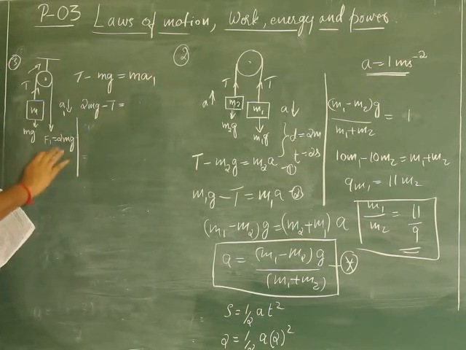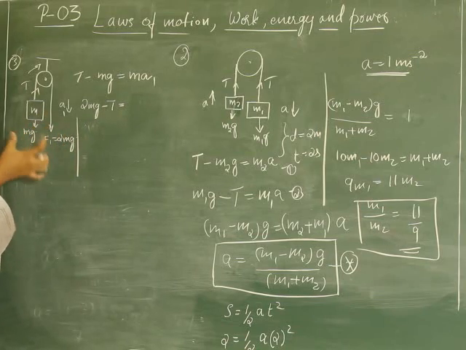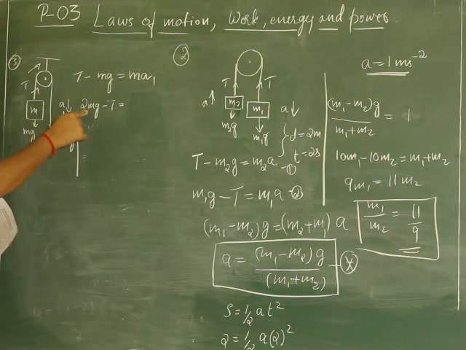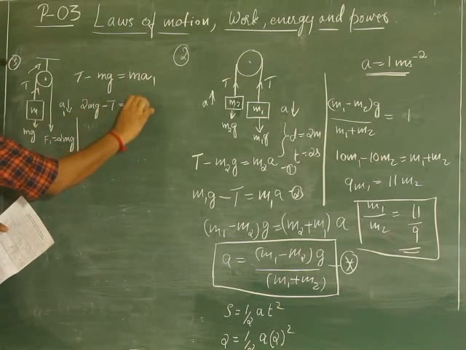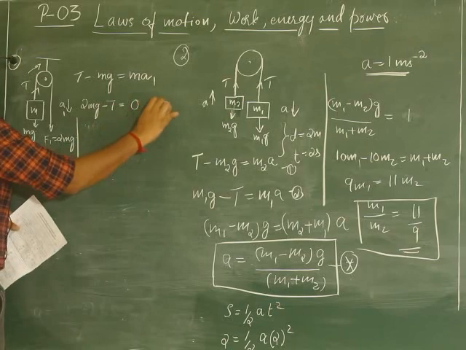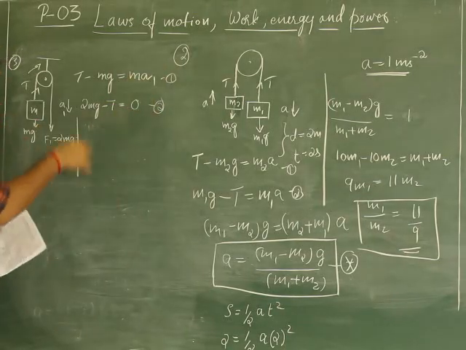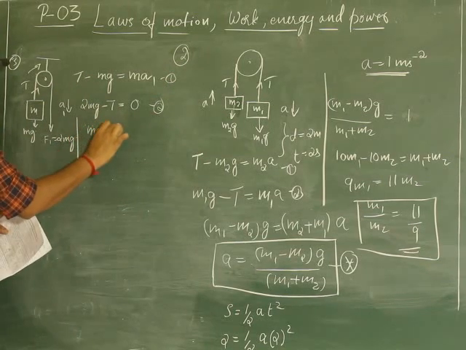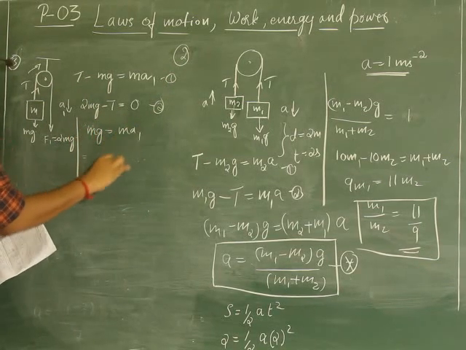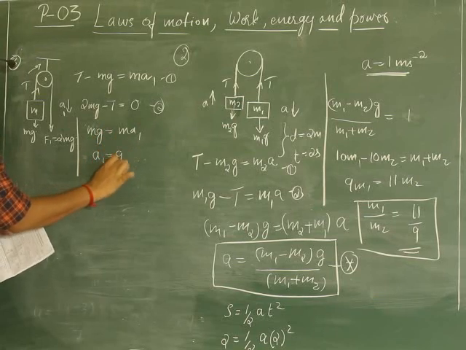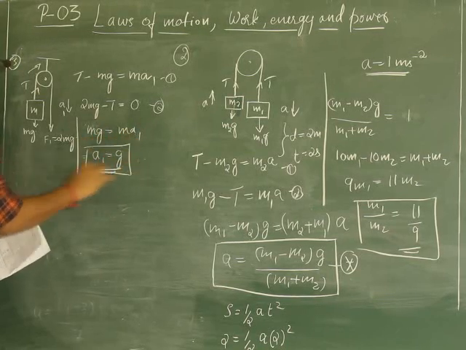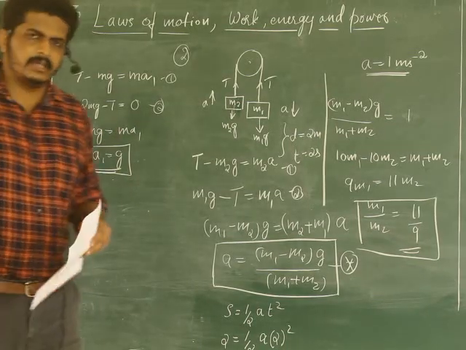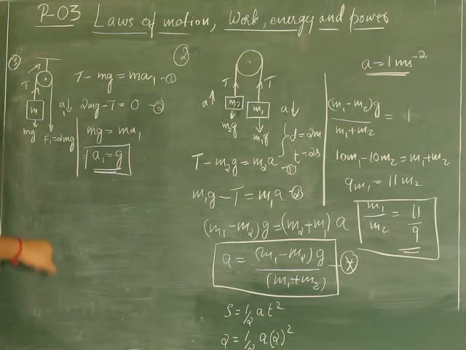So this is 0. When you evaluate these two equations, what you get is mg equal to ma1, so a1 equal to g. So in the first case, the acceleration is g.